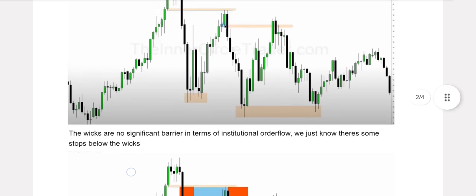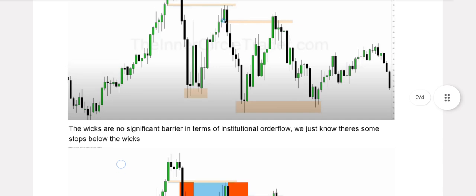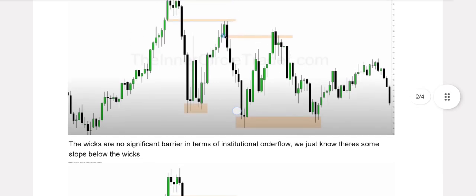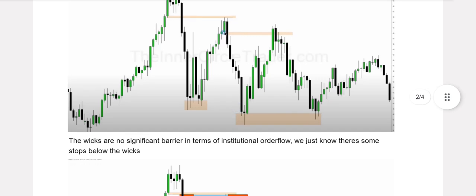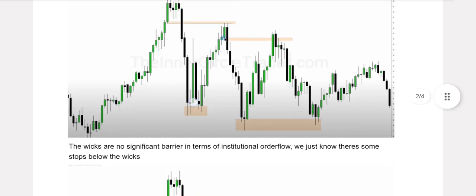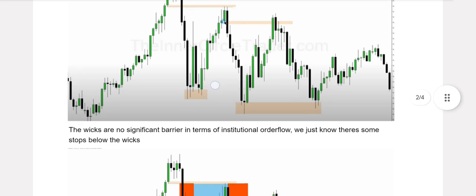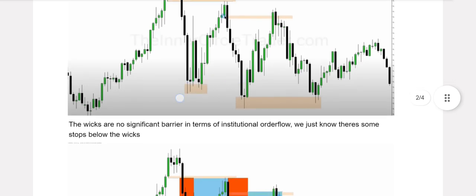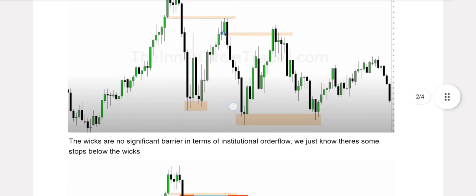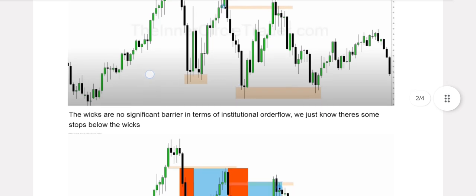Now, I told you, when you see some liquidity, you should expect a liquidity sweep, like this point here. This point here is a liquidity sweep of this point. You see, it did not buy exactly at this point, but just below it. So you should know where to place your stop loss.